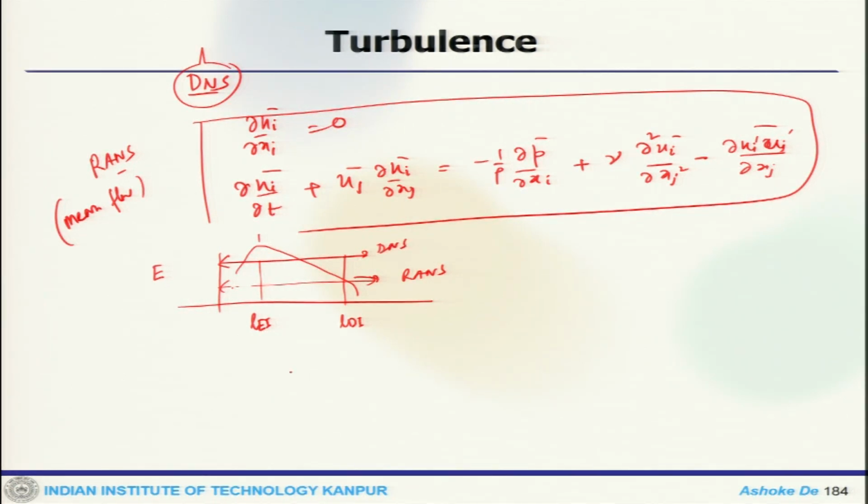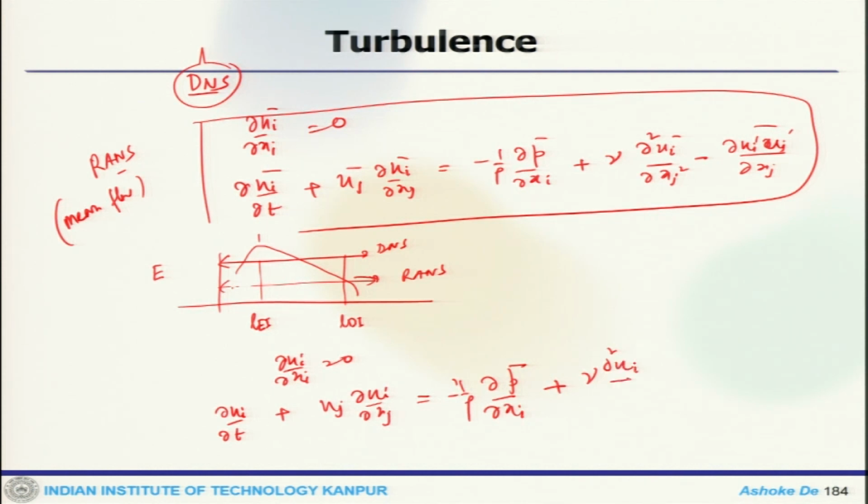So here the equation system will look like this: you have the Navier-Stokes equation and that is what it solves for, without any closure. That is, del u_i/del t plus u_j del u_i/del x_j equals minus 1 by rho del p/del x_i plus nu del 2 u_i/del x_j 2.